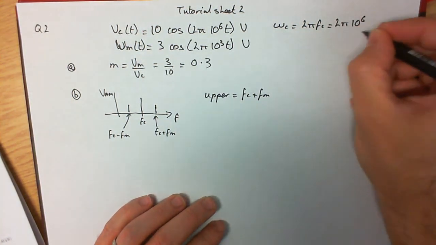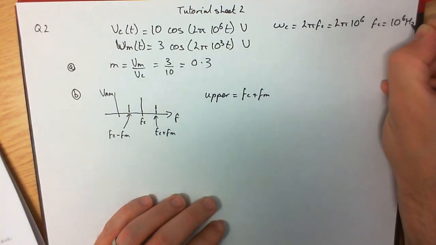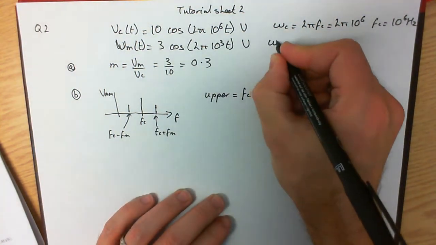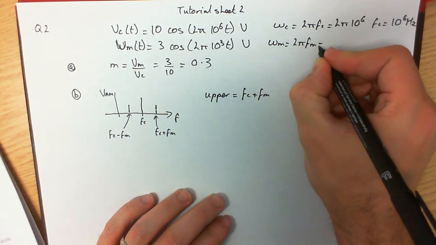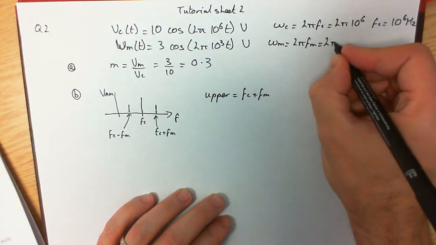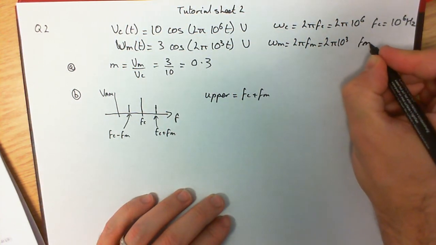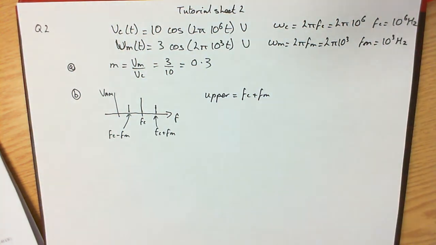In other words, Fc is equal to 10 to the 6 Hertz. And similarly, omega m is equal to 2 pi Fm, which is equal to 2 pi times 10 to the 3. So Fm is equal to 10 to the 3 Hertz.